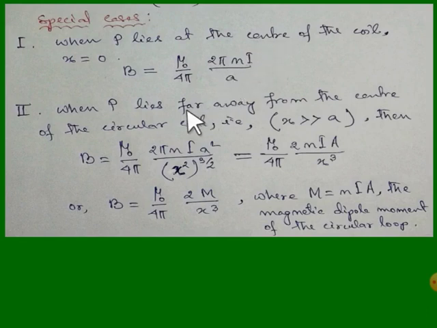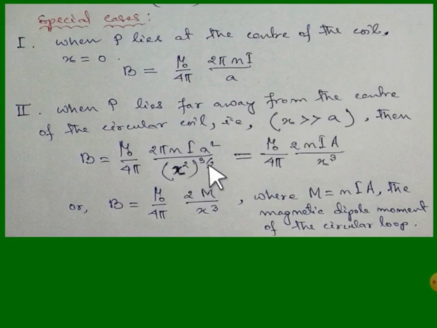Now when P lies far away from the center of the circular coil, that is x is very much greater than a, in that expression of a² + x², a being small, you can neglect it. So instead of a² + x², it will be just x².